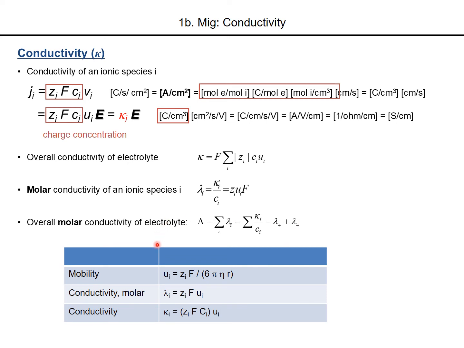In that case, total molar conductivity is equal to lambda of cation plus lambda of anion. So that is the conductivity. Again, I'd like to emphasize that the conductivity is the product of charge, concentration, and the mobility of each charge.